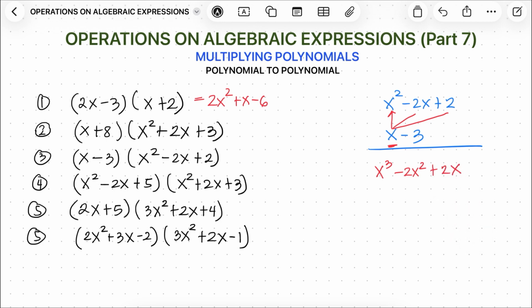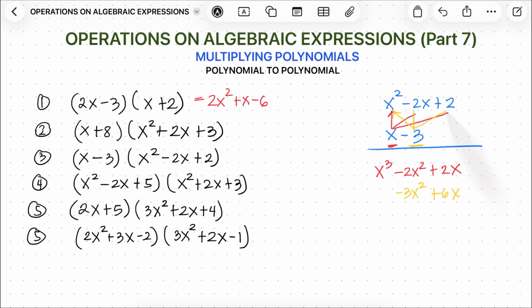And then let's move to 3, negative 3. So remember, minus 3, so it's negative 3. Negative 3 times x squared, that is negative 3x squared. Negative 3 times negative 2x, that will be positive 6x. Oh, sorry, 6x rather.